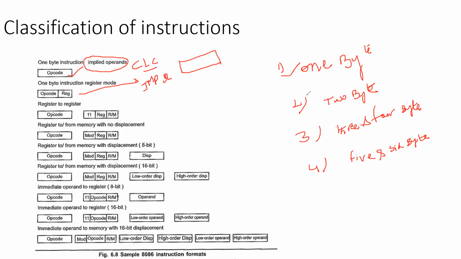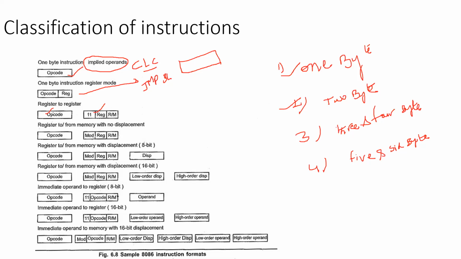And coming to the 2-byte instructions: 2-byte instructions means you will have both the first byte and the second byte occupied, with no displacement. If there is no displacement, then you can call that a 2-byte instruction.